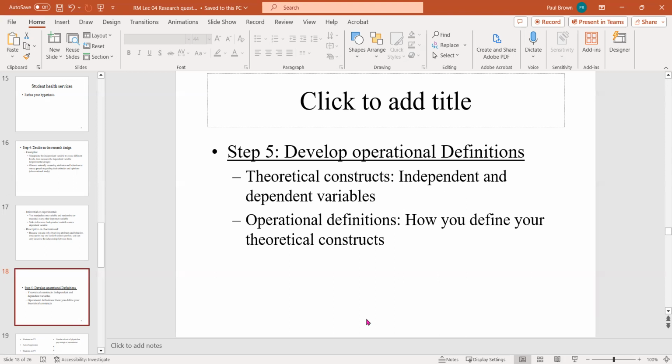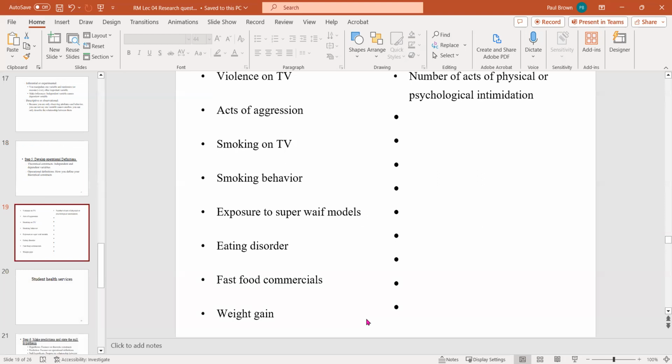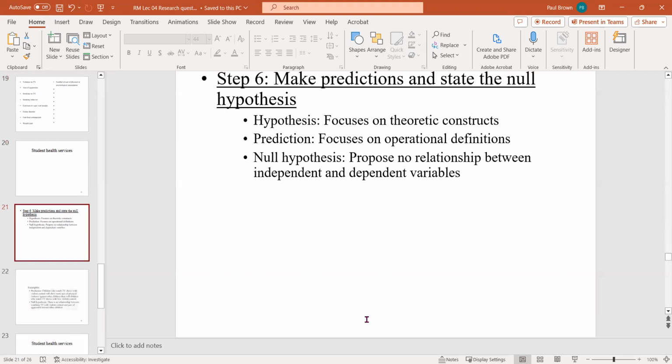So what you're doing at this point now is you're starting to really operationalize, really come down to exactly what it is that you're going to do. So once you have this, you turn this into a null hypothesis. What would the null hypothesis of this be?